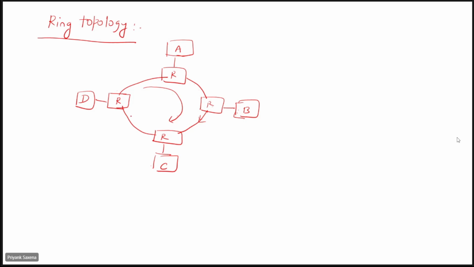Like that, this data moves in the ring, and finally the source station has to remove that frame from the LAN, because it serves two purposes. Returning it back to the source station serves as an acknowledgement to the source station that the frame has been copied successfully or not.